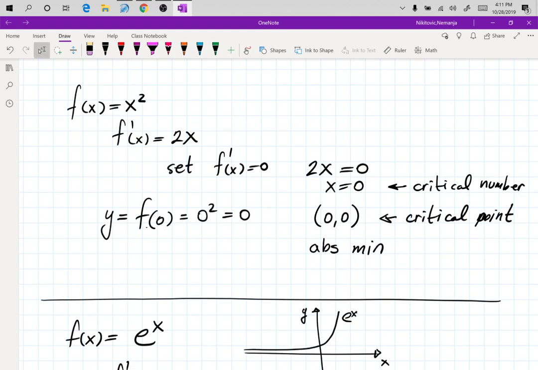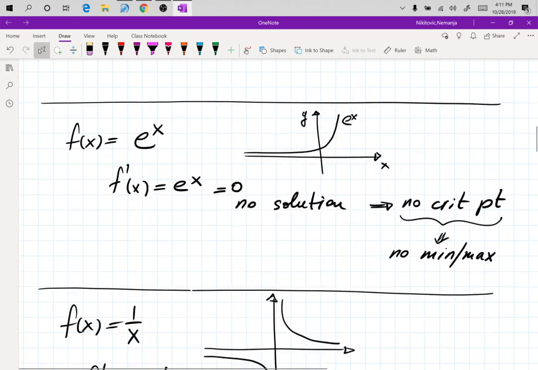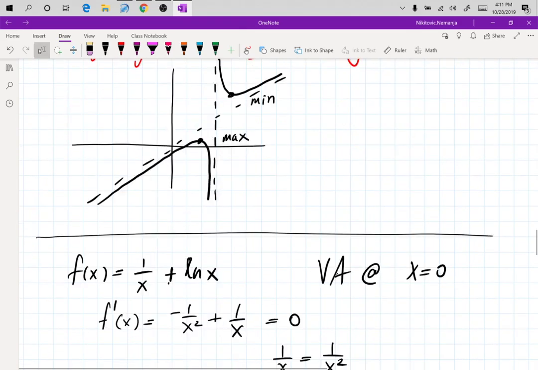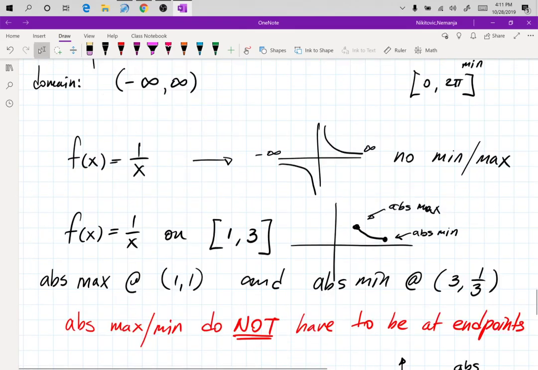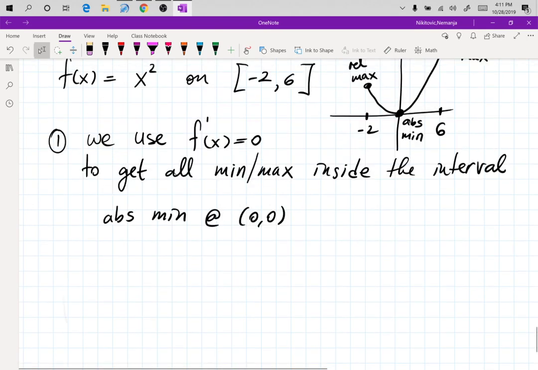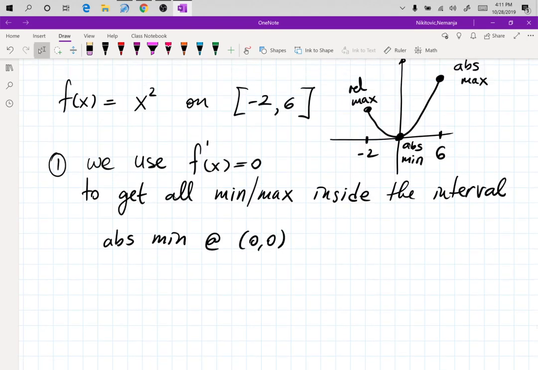So you still have to do this particular example to find all of the min and max, and that goes for every function we covered, even if it's on the restricted domain. So that's the first part. And then part 2 of the problem is y equals f of -2, which is -2 squared, which is 4.